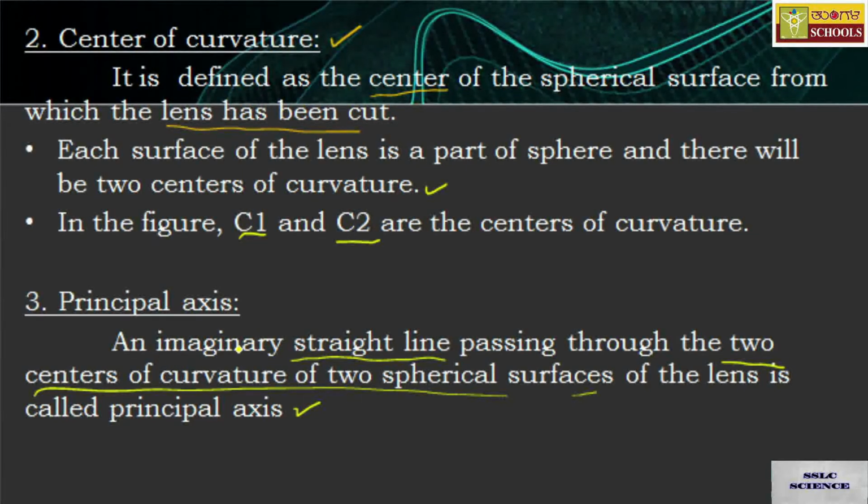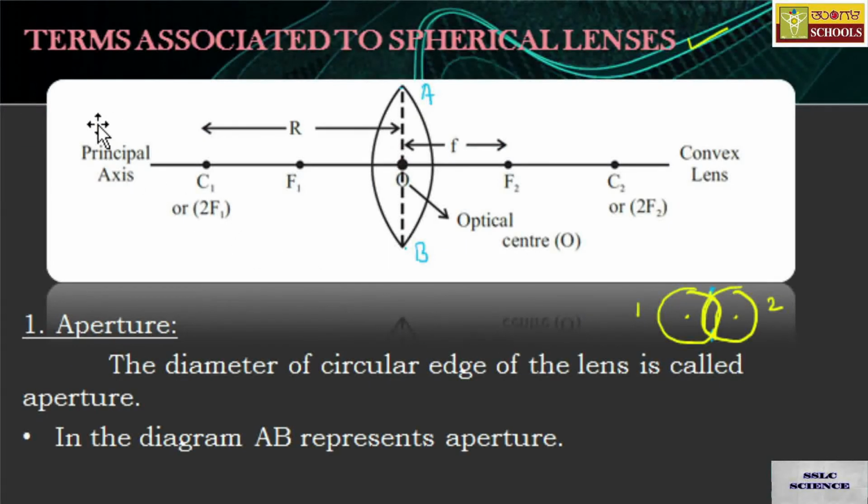Here the imaginary line which is passing through C1 to C2 is known as principal axis. It is the imaginary line passing through the centers of curvature for a convex lens. This is simply the principal axis.